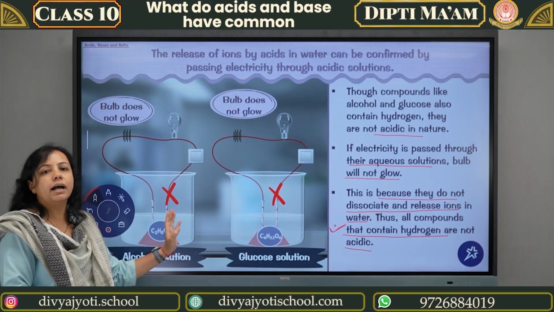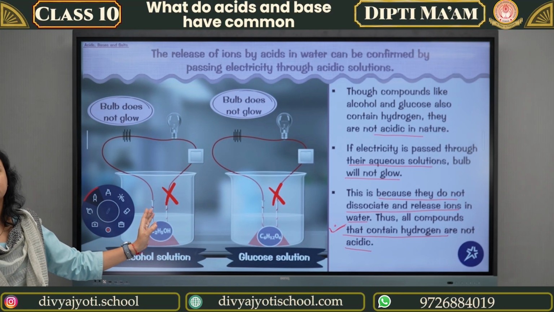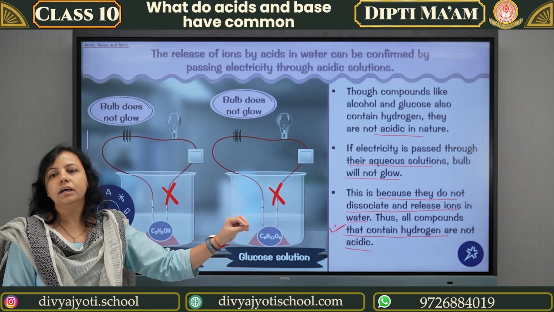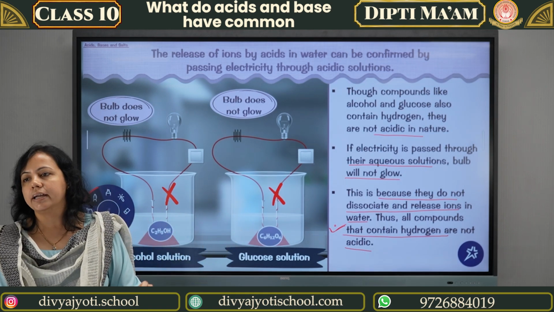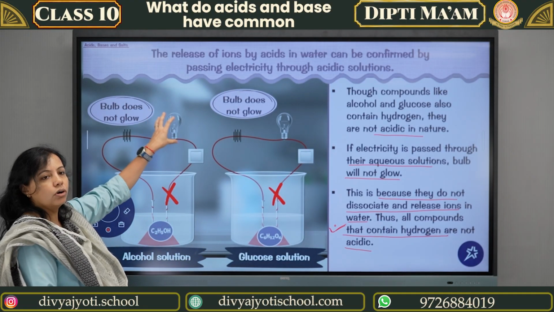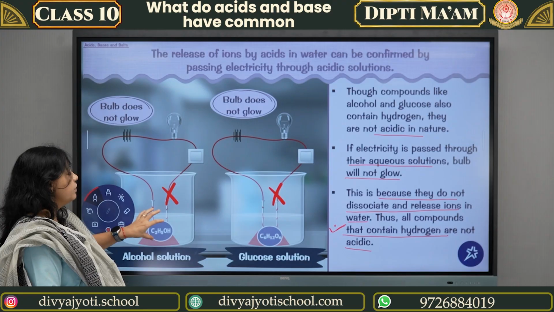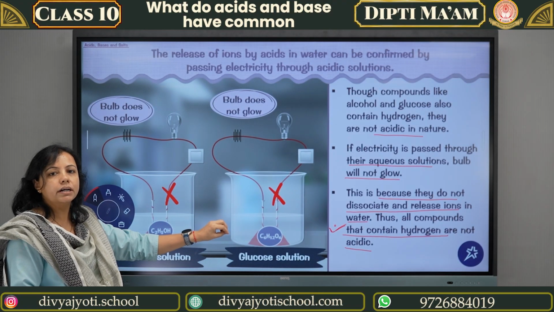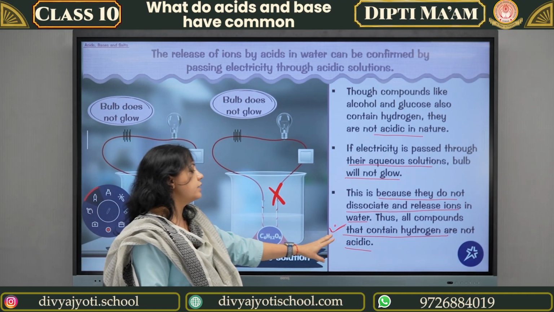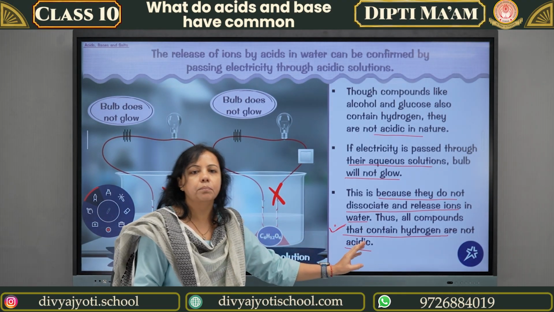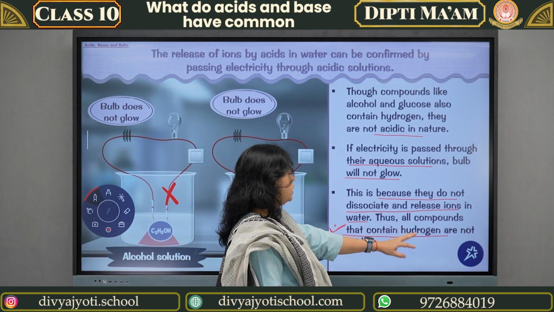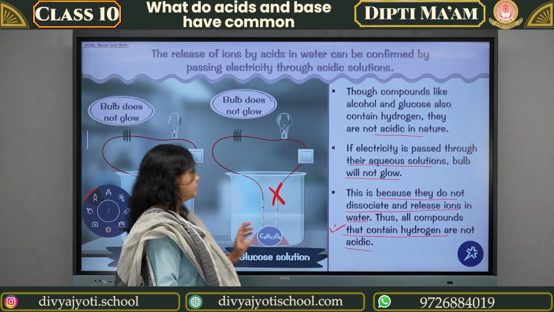In the formulas of alcohol and glucose you observe that hydrogen is there, but if they react with water, it is not converted into ions. And because of this reason you observe that the bulb is not glowing. So if hydrogen is present in the formula but it does not release the H plus ion, that's why it is not an acidic compound. So all compounds that contain hydrogen are not acidic.